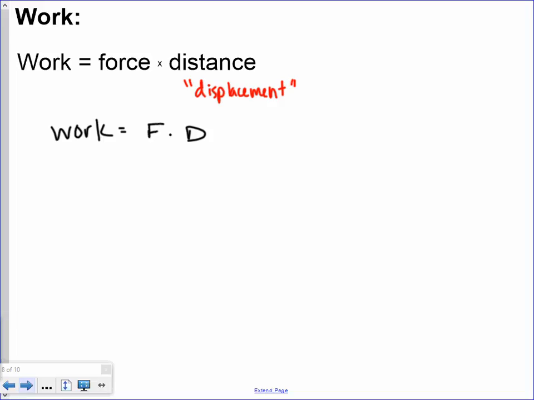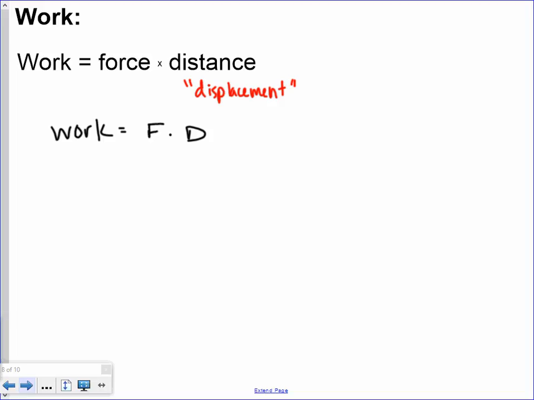Now before we get into the example with work, just note that when we're talking about force, we're talking about the force that does the displacement or moves the object a certain distance, and you only use the component that goes along with the direction that the object is being moved.